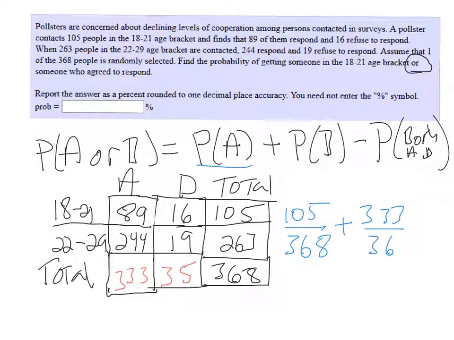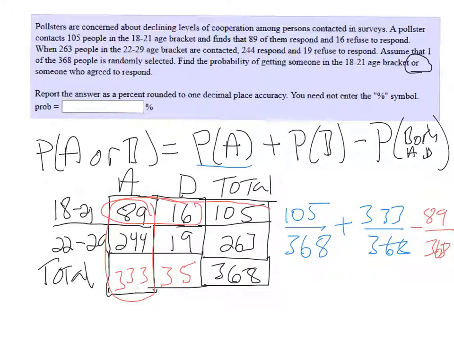Now what I'm hoping you see is the issue here. I took the sum of all that to get the 105. I took the sum of all that to get the 333. Do you see how I counted the 89 twice? So all I need to do is subtract 89 out of 368.